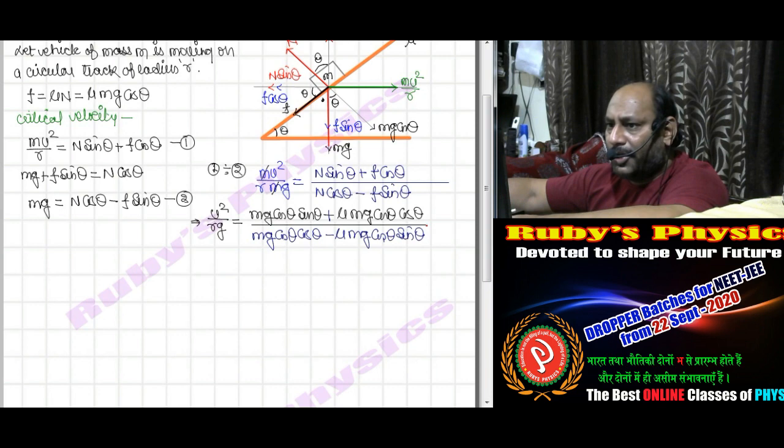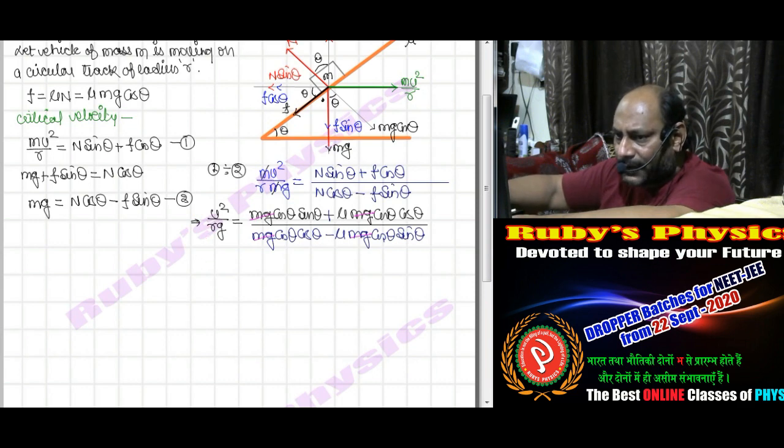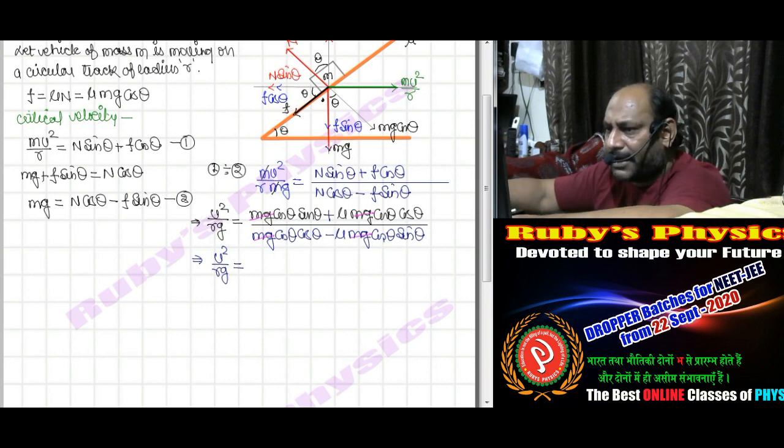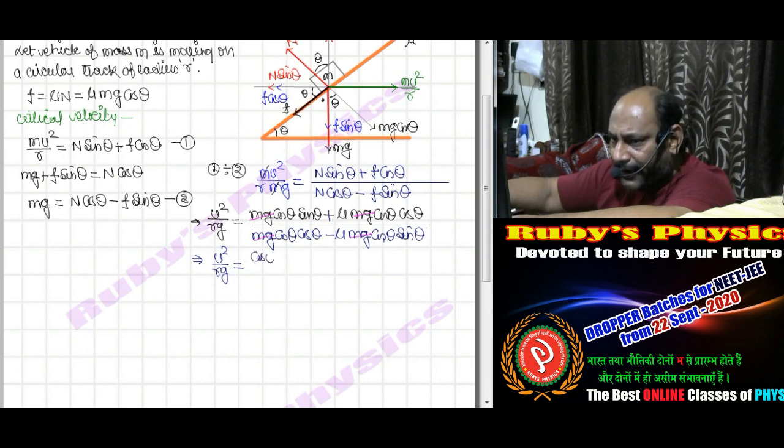See, in the numerator and denominator, do we find mg and mg taken common and cancelled out? Yeah, so from here I get v square by rg. Again, if you are seeing the expression, cos theta from numerator and denominator can be taken common. If I take cos theta common from the numerator, I get sin theta minus mu cos theta.